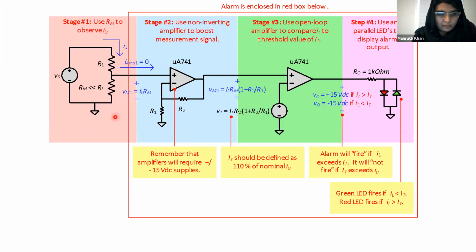We are giving a 12 volt source, and this is our load resistance, and this is our RM, which is very, very less than RL. So what we want is that all the current that is produced will go from here to here. Now, this is your amplifier, which is in the non-inverting configuration. So do all of you know about amplifiers or not?